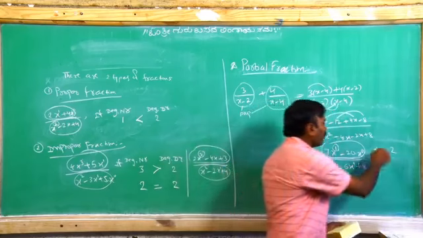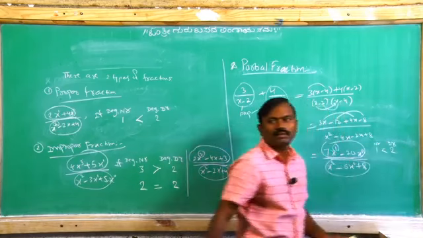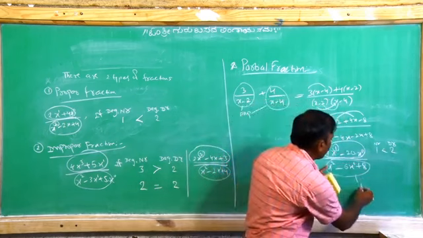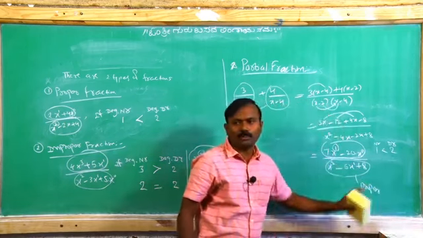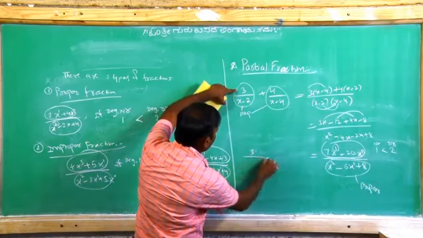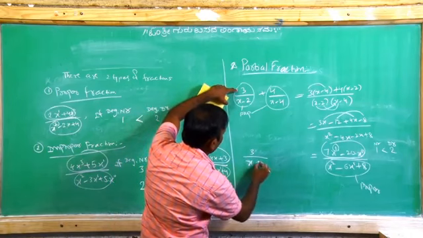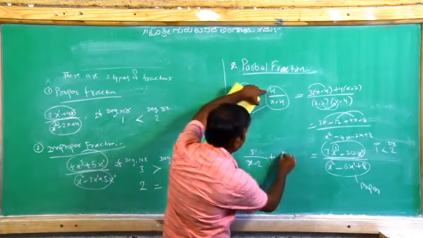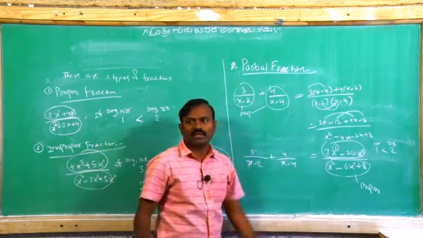Here the degree of the numerator is less than the degree of the denominator, so this fraction is a proper fraction. The right-hand side fraction is a proper fraction. So the LHS, the two fractions 3 by x minus 2 plus 4 by x minus 4, equal this RHS.